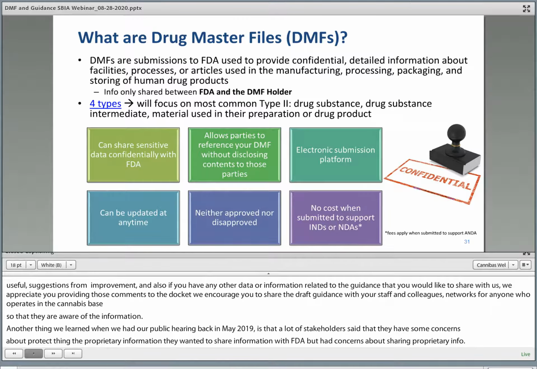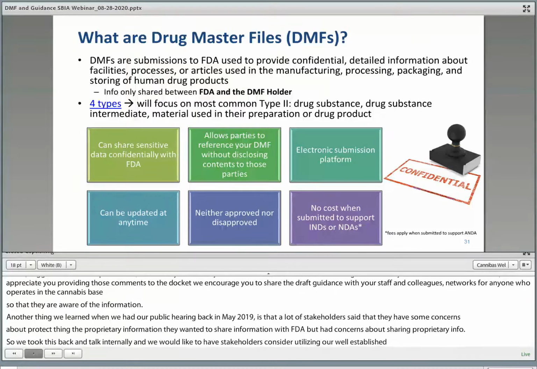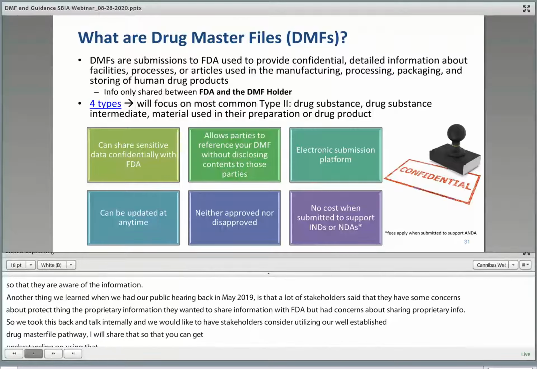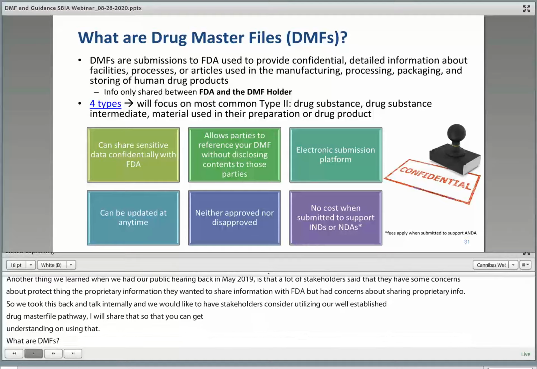So what are drug master files? Well, DMFs are submissions to FDA that we use for you to provide us with confidential and detailed information about either your facilities, your processes, or articles that are used in your manufacturing, processing, packaging, and storing of human drug products.